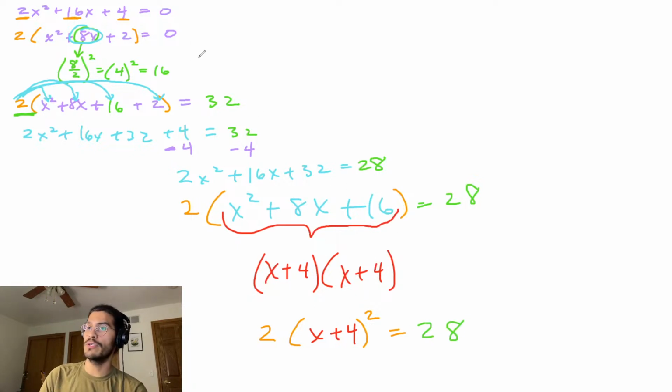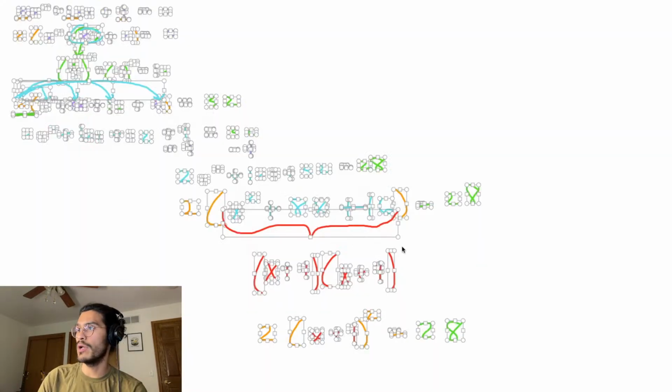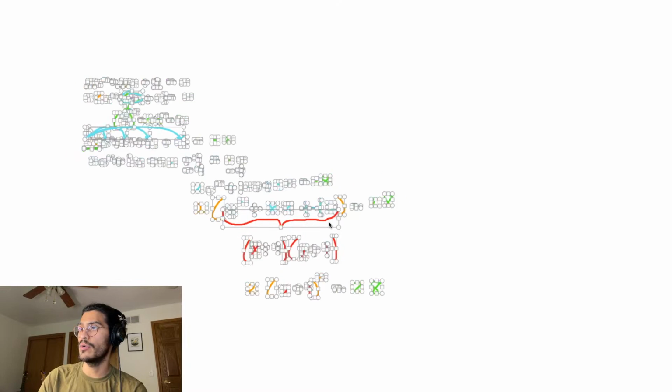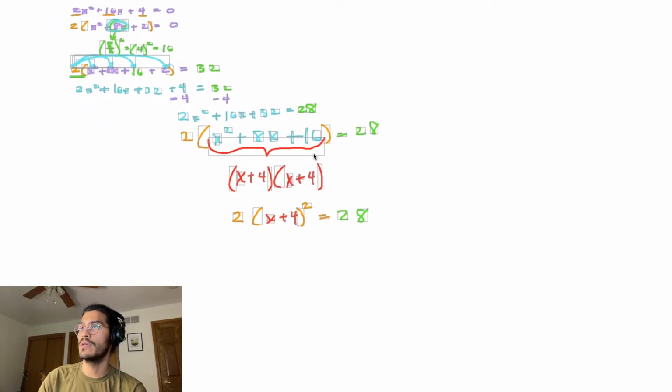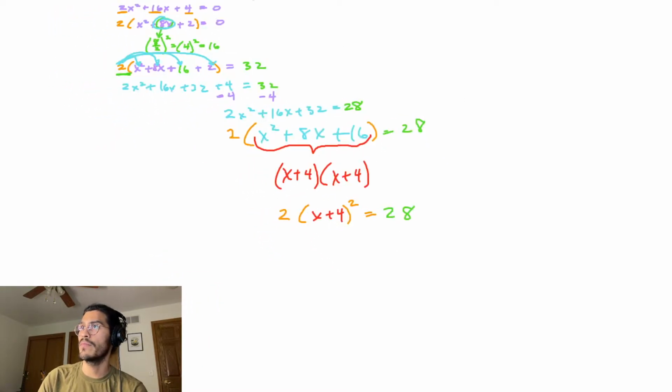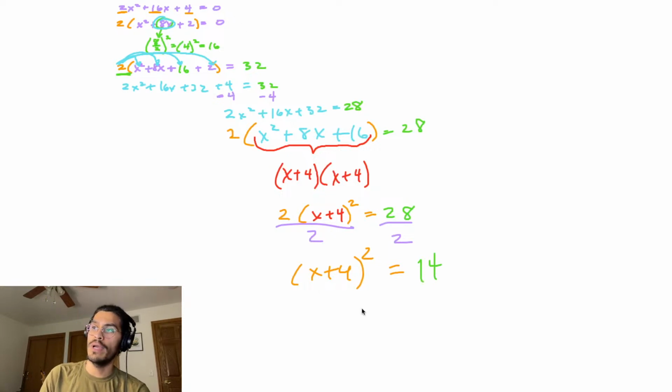The last thing we have to do is actually solve this. I'm going to make this all smaller one more time. There's a 2 out in front of this. Let's get rid of that by dividing everything by 2. That's going to give us x plus 4 squared equals 14. We have something squared on the left-hand side equals a number.